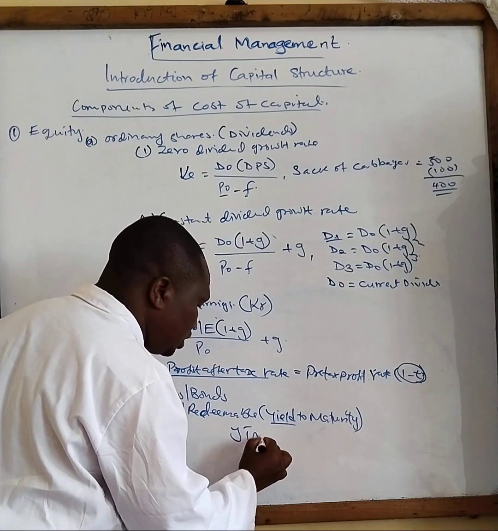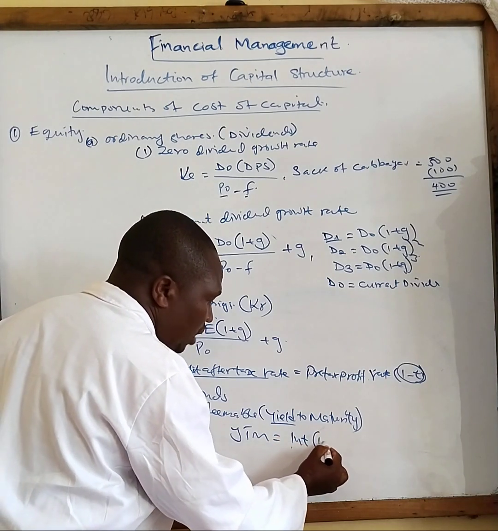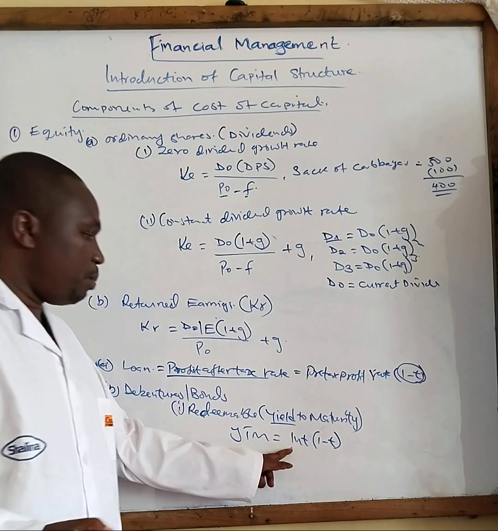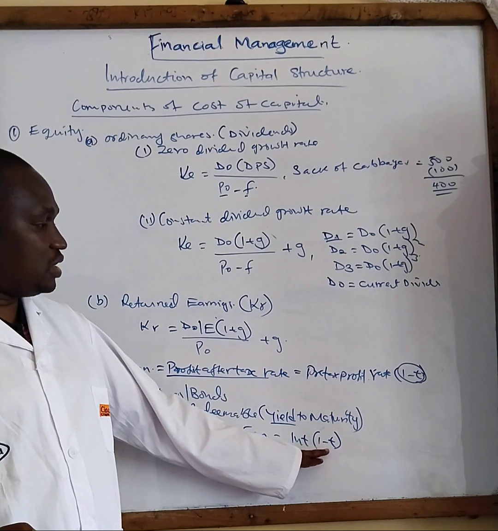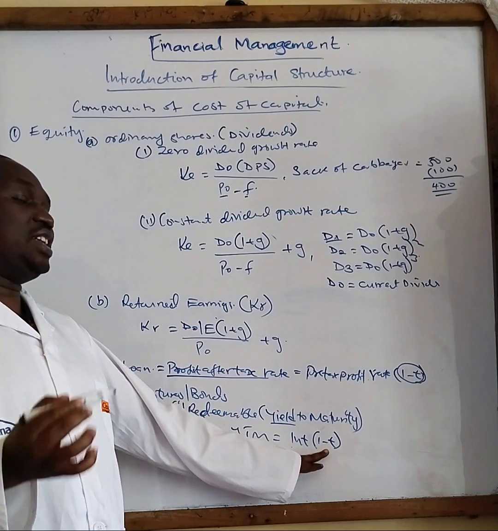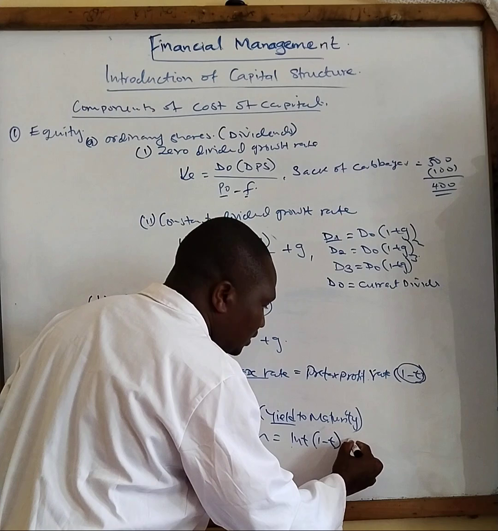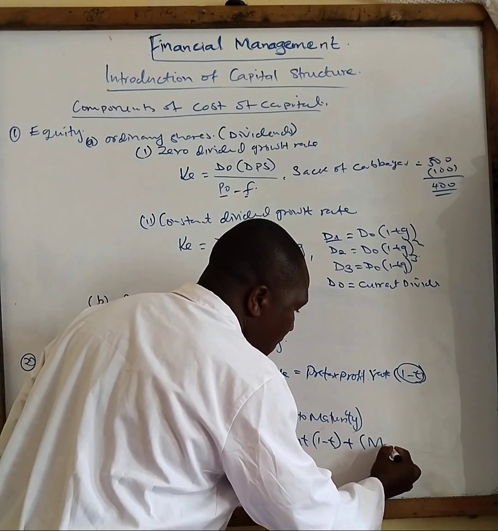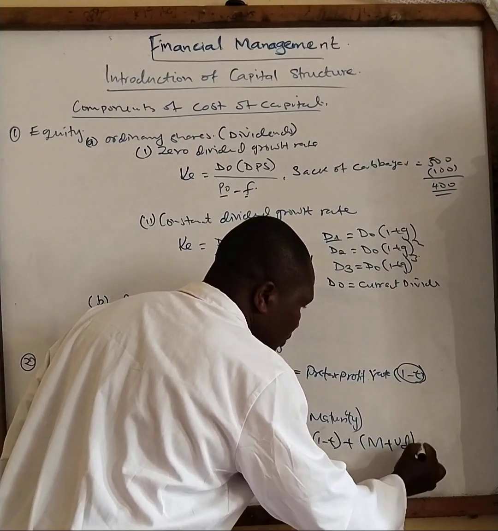So yield to maturity is now abbreviated as this one here. Yield to maturity is calculated as int, that is interest, into brackets 1 minus t. This is now pre-tax interest rate. When you subtract, we say now minus t is now profit after tax rate. This one here. Then you now say plus m minus v plus vd.